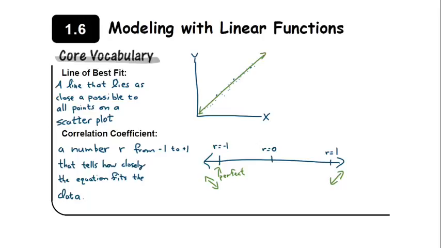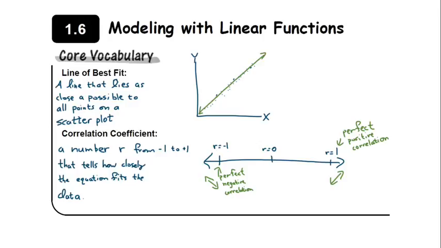So this one is perfect negative correlation. This one is perfect positive correlation.